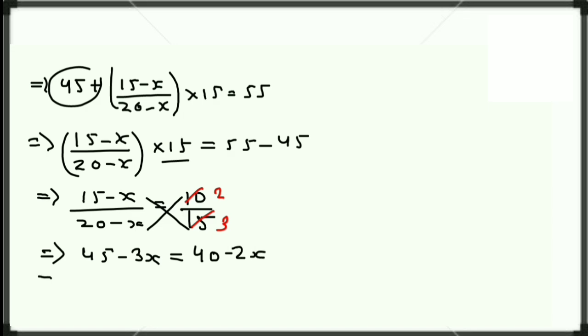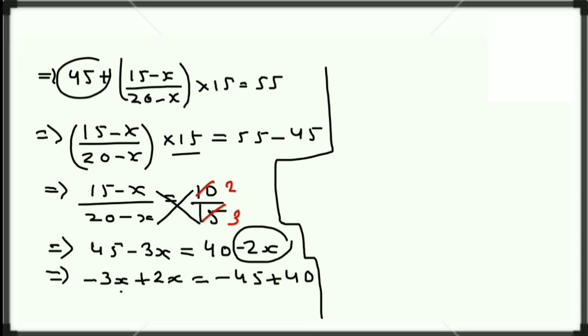Again, minus 3x as it is, and this minus 2x comes to LHS and becomes plus 2x equal to, and this plus 45 goes to RHS and becomes minus 45 and plus 40 as it is. Okay, now let's solve over here.